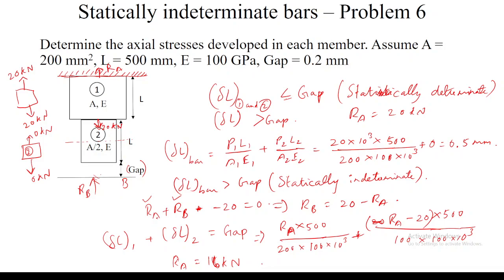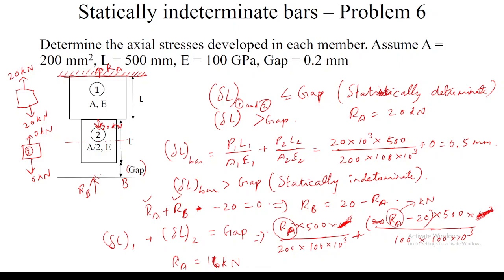Sir, one doubt. It must be RA minus 20 into 10 power 3. No, sir. From here, I will be getting the value in kilonewtons. If I substitute into 10 to the power of 3, then you can say in newtons. Whereas here I have taken RA to be in kilonewtons, so the output value will be in kilonewtons if I am not including this 10 to the power of 3.